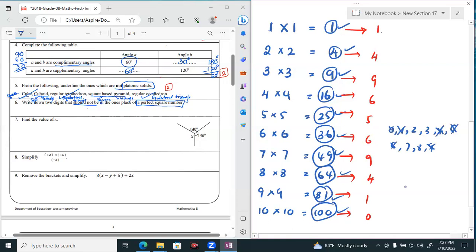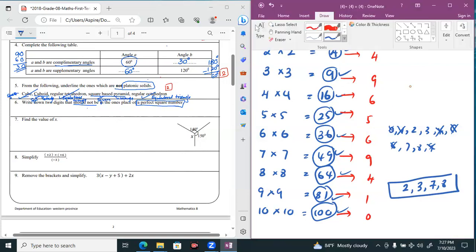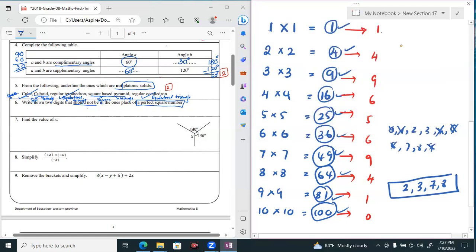That means 2, 3, 7, 8. These are the numbers which cannot be in the ones place of a perfect square. Then what are the numbers that can be in the ones place of a perfect square? Perfect square එකක ඉන්න පුළුවන් අය කවුද? 0, 1, 4, 5, 6 and 9.